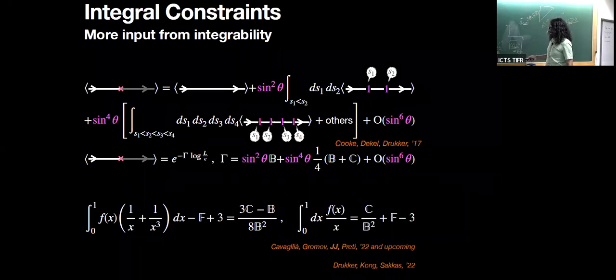Another comment is that what I've presented here, just for simplicity, is up to regularization. There are some infinities which show up, but we know how to regularize everything. One combination of these integral constraints was derived by these authors after we wrote our paper.